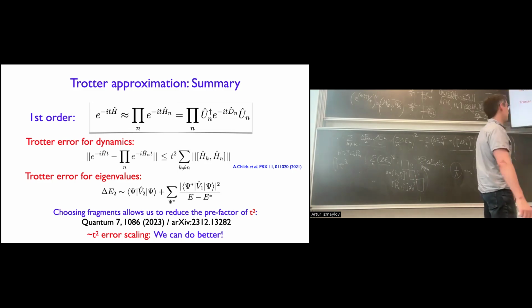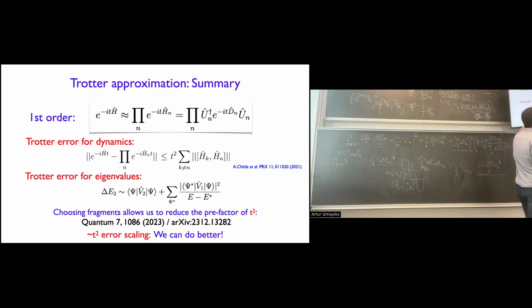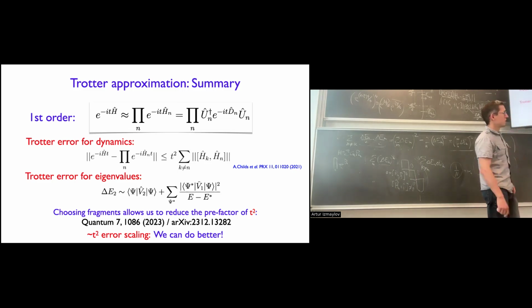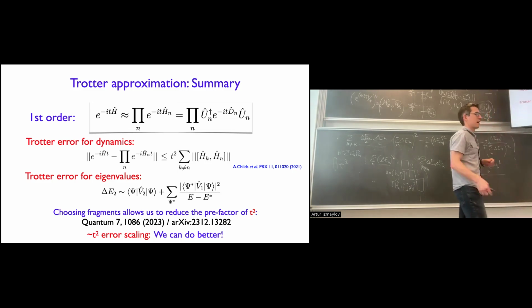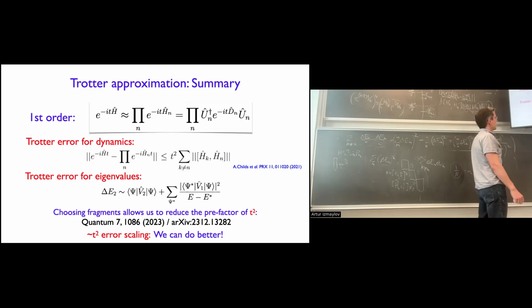This analysis allows you to reduce the prefactor in front of the t-square, the general error of the Trotter method. If you do the first order, it's always going to be your time step squared. The larger the time, the larger the error.